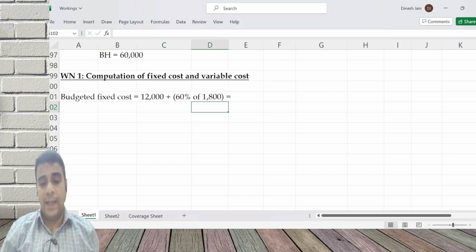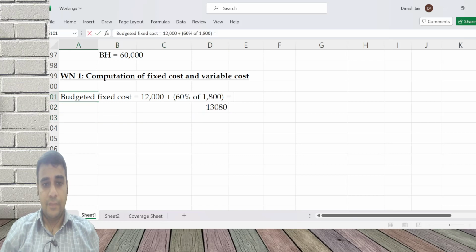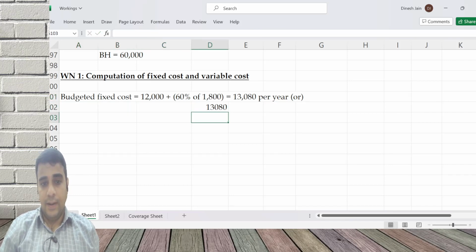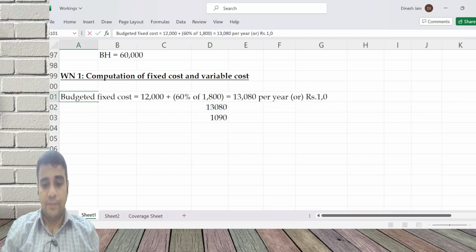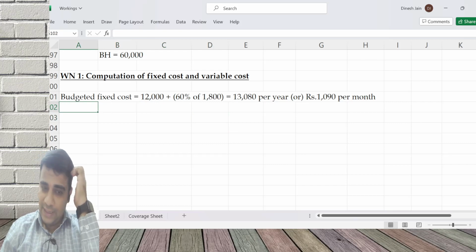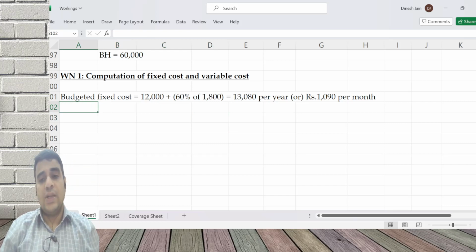This is 13,080 per year, or I'll do per month also because we are doing calculation for April. Divide by 12, 1,090 per month. 13,080 per year or 1,090 per month.